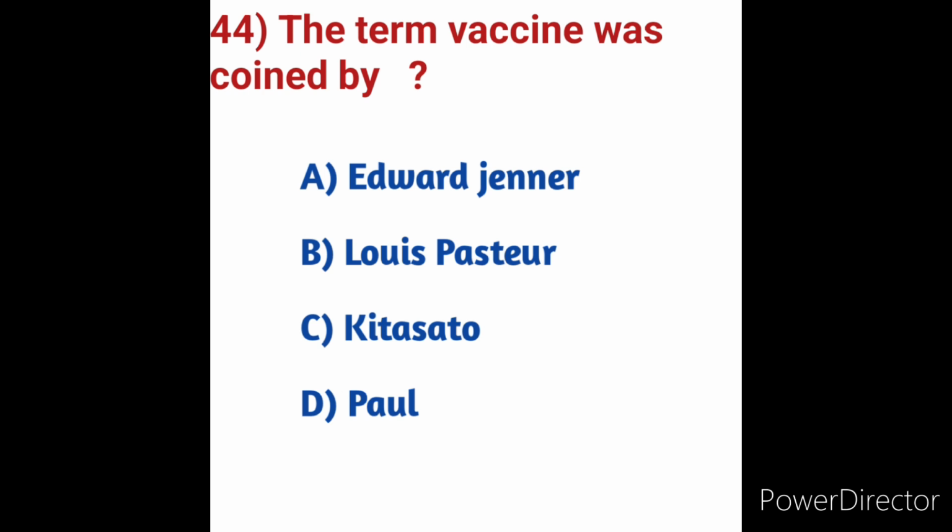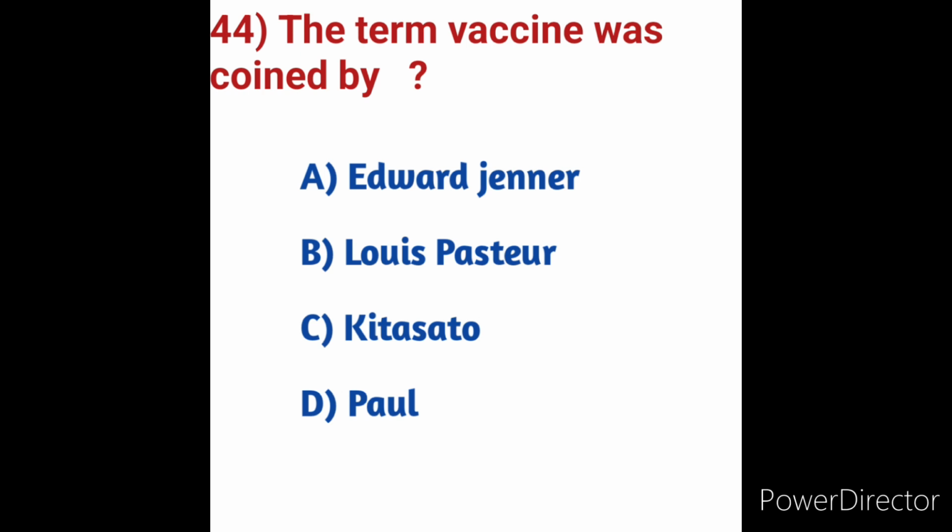The term vaccine was first used and created by Edward Jenner. Edward Jenner coined the term vaccine and vaccination. It is derived from the Latin word for cowpox. English physician Edward Jenner coined the term vaccination in the year 1796 to describe inserting pus from cowpox lesions into open cuts on human patients to prevent smallpox.